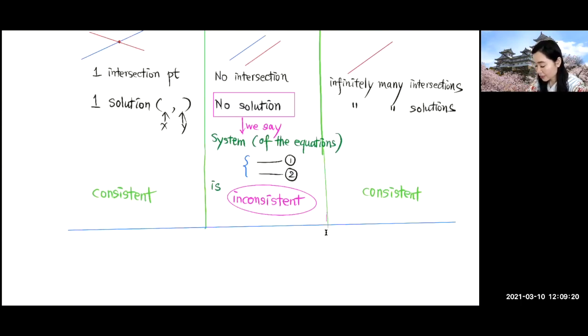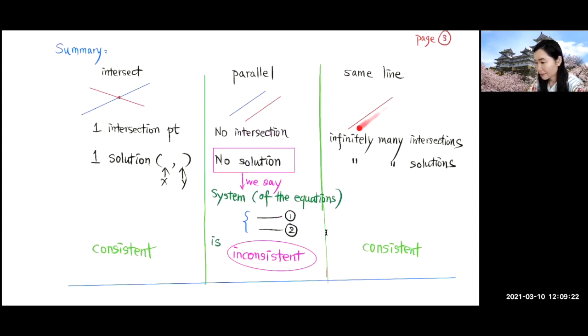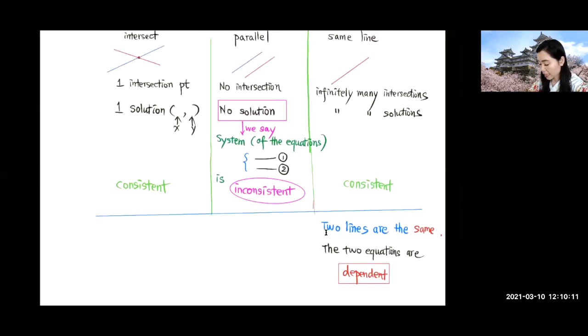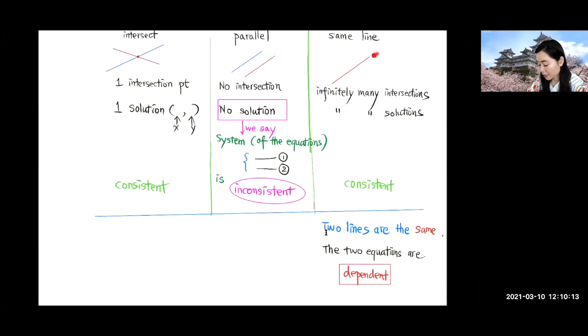So over here, you see that the two lines are the same, and we call the two equations dependent. They're the same line, dependent.